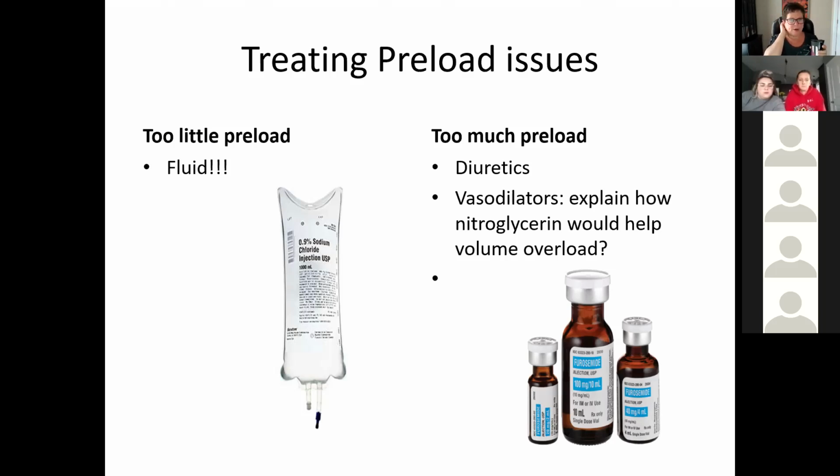Your volume's almost dispersed a little more because you're vasodilated. Yep. I keep more fluid in the periphery and less going back to the heart. Yep. So I've just displaced the volume. I haven't taken it away. I've just displaced it. Yeah, good job.